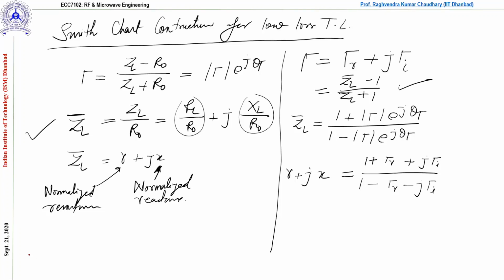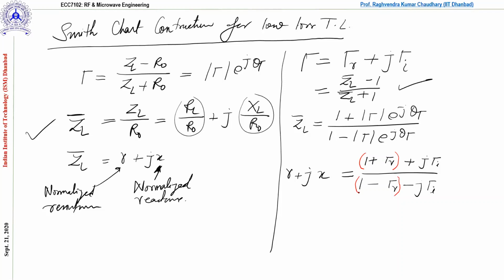So this definition of 1 plus mod of gamma e to the power these things could be written in terms of complex numbers. Fine. So we separate out the real part and the imaginary part.